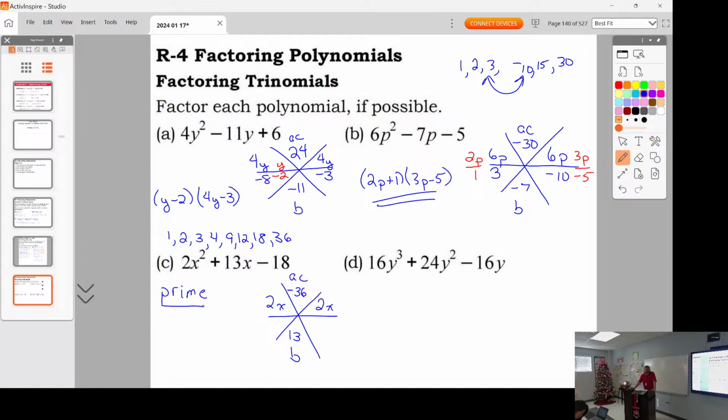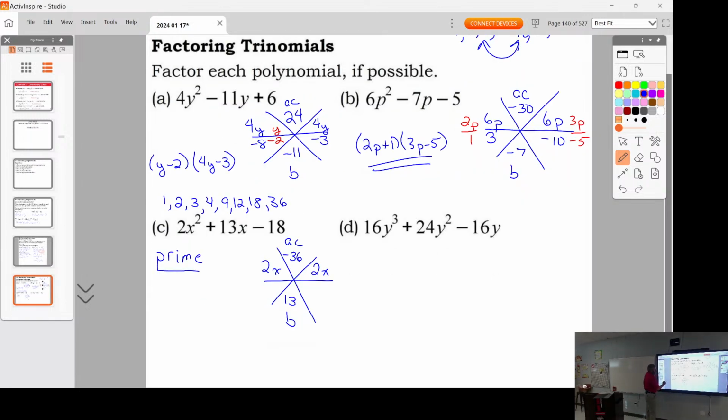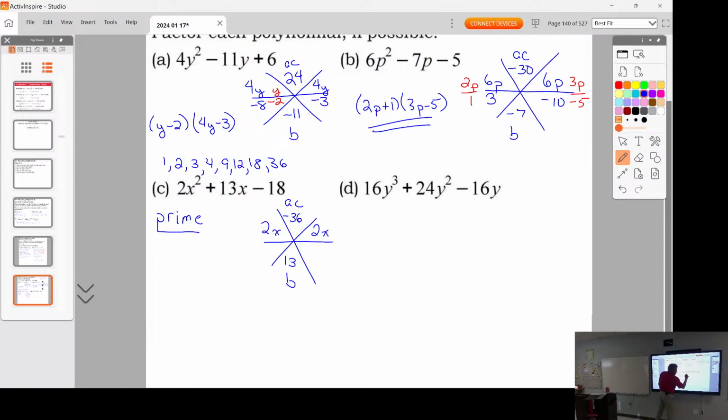What are y'all thinking? 8? Okay, so 8 works too, and 8's bigger than 4, so we're going with 8 so far. Anything bigger? No? Okay, factor out 8y. What's left?